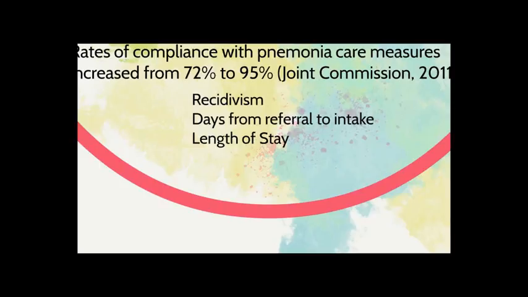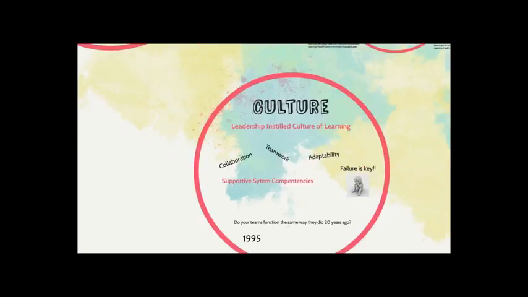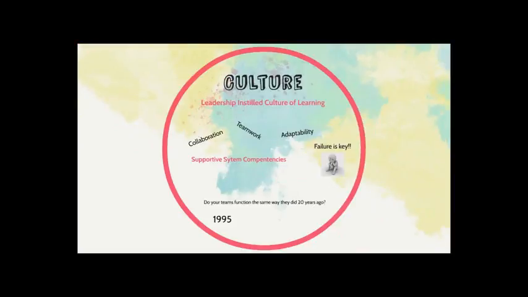Mm-hmm. And so the most important piece here is the culture that you exist in as it pertains to data and transparency. So are you part of a culture that's working together, that's using some of these keys in how you learn together? The first one is collaboration.